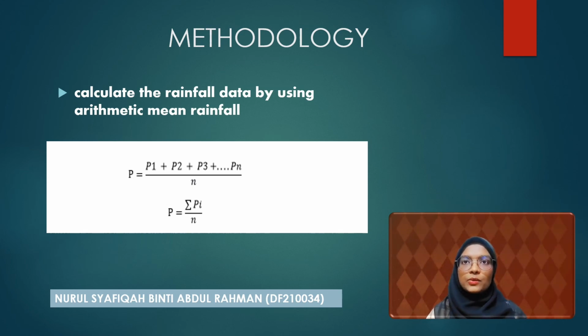In addition, we calculate the rainfall data by using the arithmetic mean, by dividing the sum of the elements of a set by the number of values in the set, where P is average precipitation depth in millimeter, Pi is the precipitation depth at each gauge within the topographic basin in millimeter, and N is the total number of gauging stations within the topographic basin.